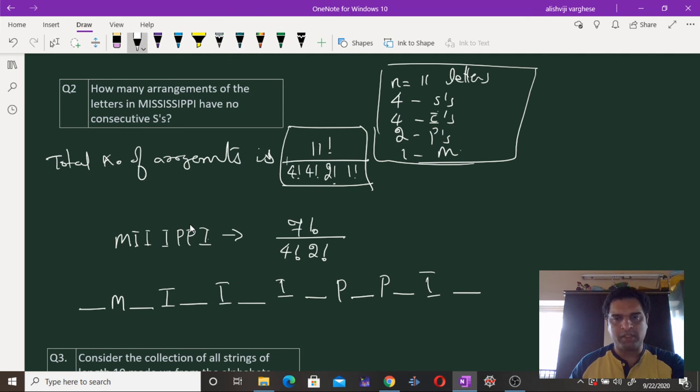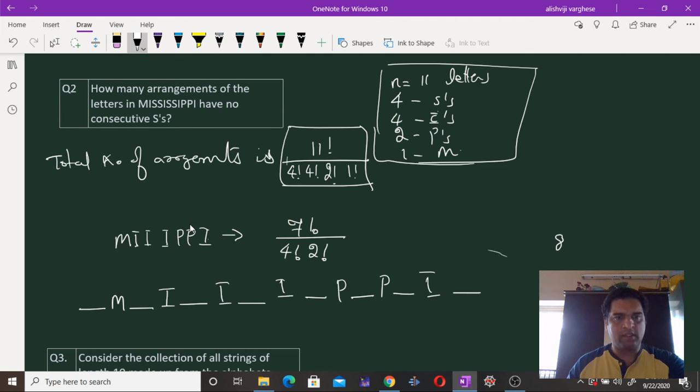So the positions in which we can add the S are 1, 2, 3, 4, 5, 6, 7, 8. So we can add the letter S at any of these 8 different positions.